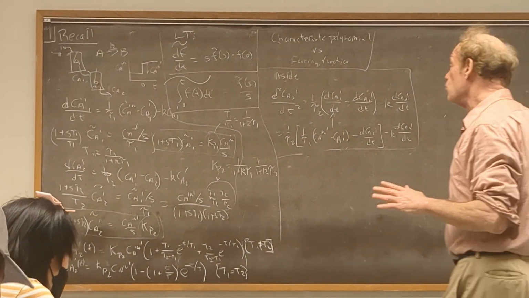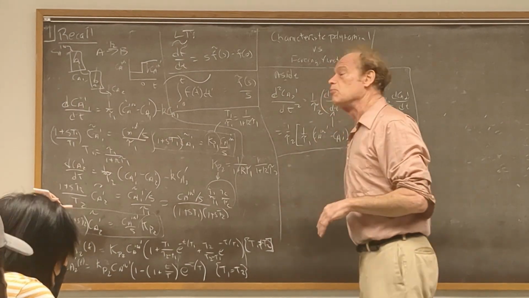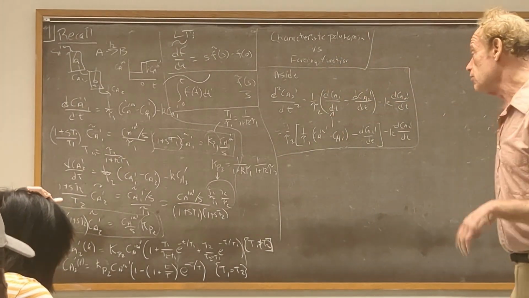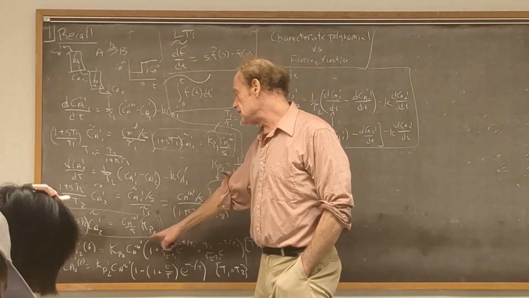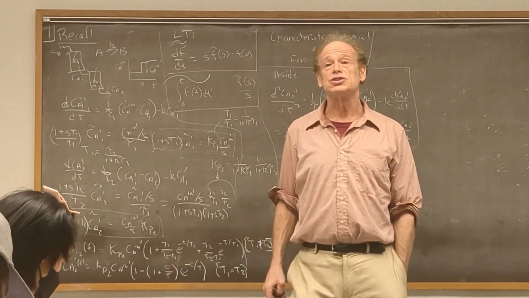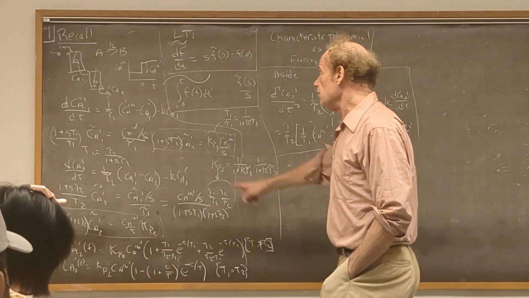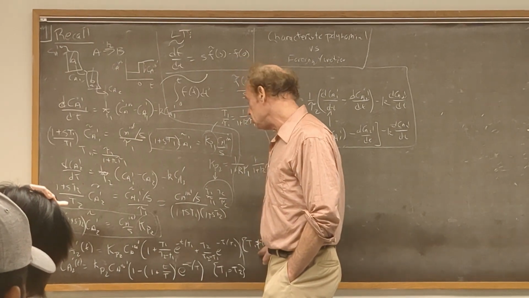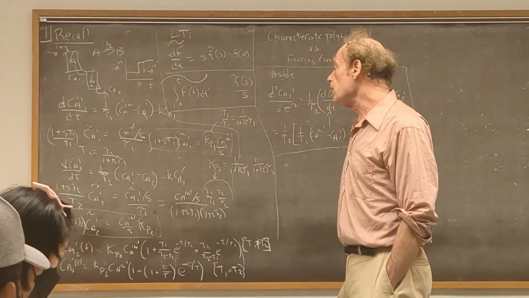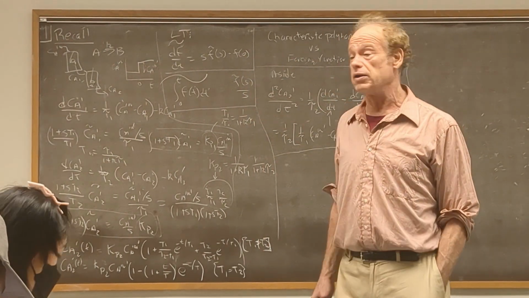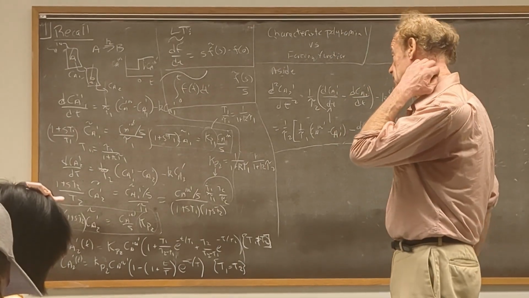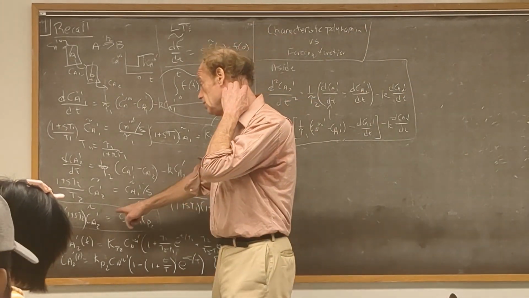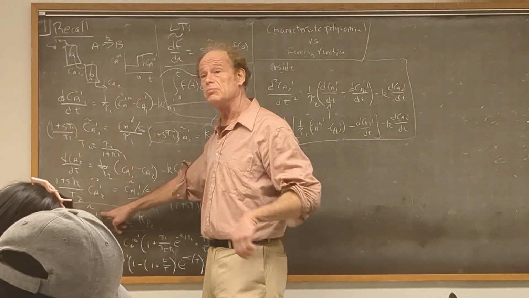Okay, let's do one more example, and then we'll start getting a bit more general. One thing I'm going to refer to is this thing right here, which are the solutions to this problem, either when tau 1 and tau 2 are different or they're the same. And what we noted, just for fun, is if we looked at the S equation right before that, we solve for CA2 prime tilde.